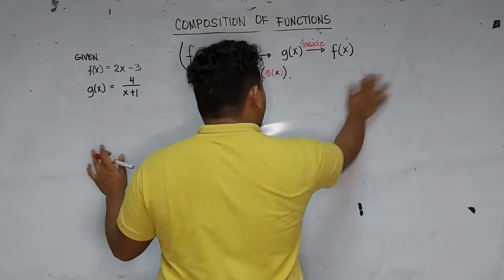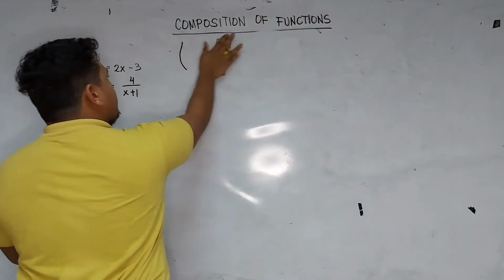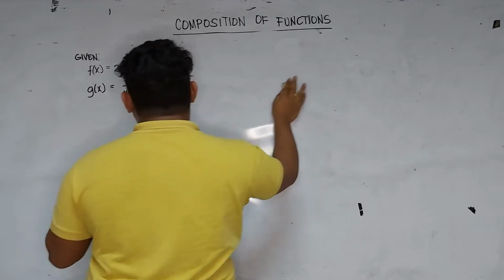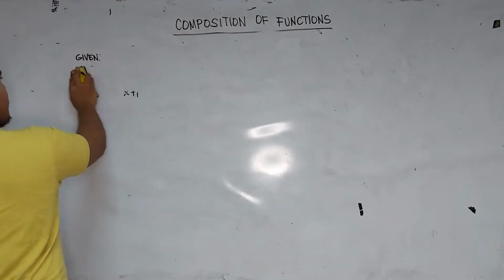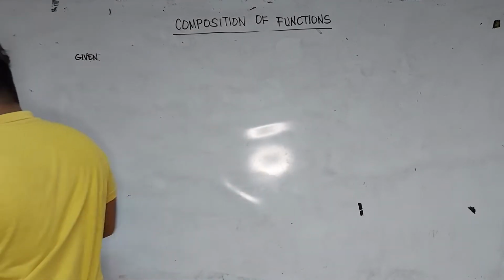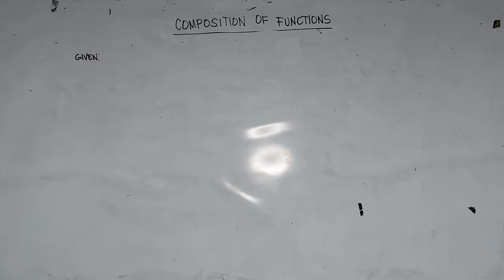Teacher, for number 3, what if there are three or four compositions? Okay, let's try, but now with a different given. Given number 2, example number 3.